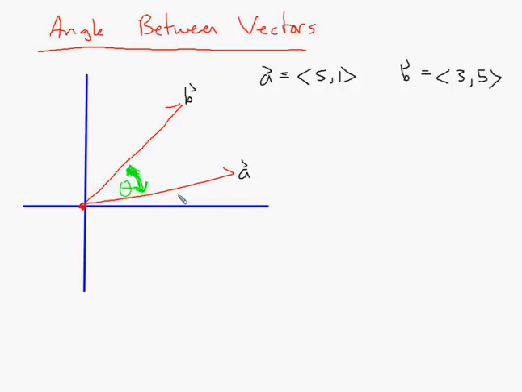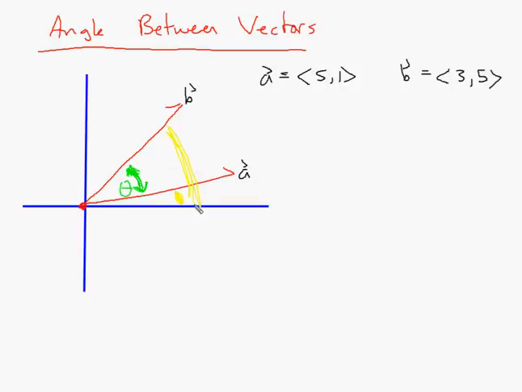So here's how we would do this without the formula. I would first find the direction of A. Watch my thinking right here. So I'd find this angle. This is my A angle, right? And then I would find my B angle.